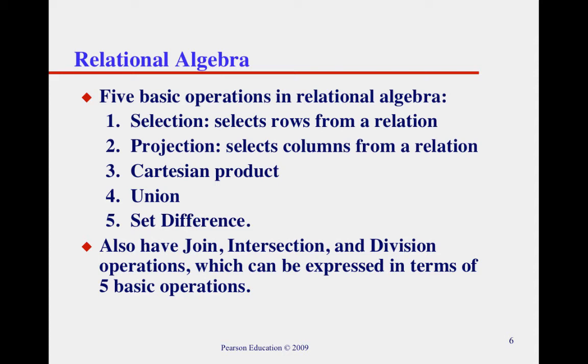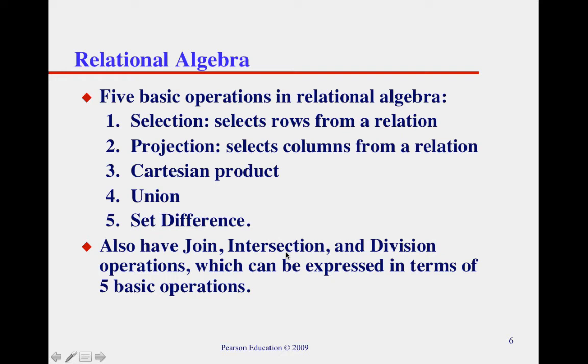Cartesian product and select turn out to be the basis for a join. So you don't see join in that group of 5. You see it down here as an ancillary or courtesy operation. That's because a join, as we'll see, can be done through a Cartesian product and a selection. Then there's union and set difference. And then there's intersection, which can be expressed using set difference.